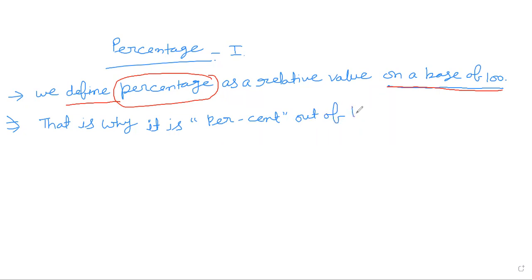Out of 100. Right? Percent. Always remember this. Out of 100. Whenever we see percent in any sentence, just remember one thing: out of 100.